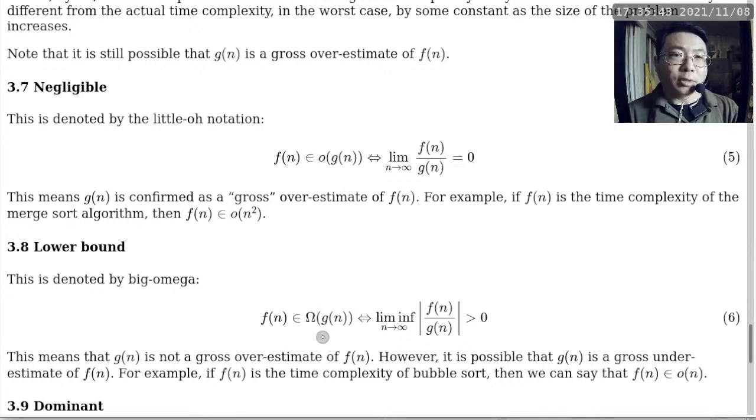Well, then I'm going to ask you this question: is infinity greater than 0? The answer is yes, right? Because infinity is greater than 0, that means in that case, when f of n is really n and g of n is log of n, it is still a lower bound. G of n, which is log of n, is a lower bound of f of n, which is just n itself. I'm just using that as a concrete example here.